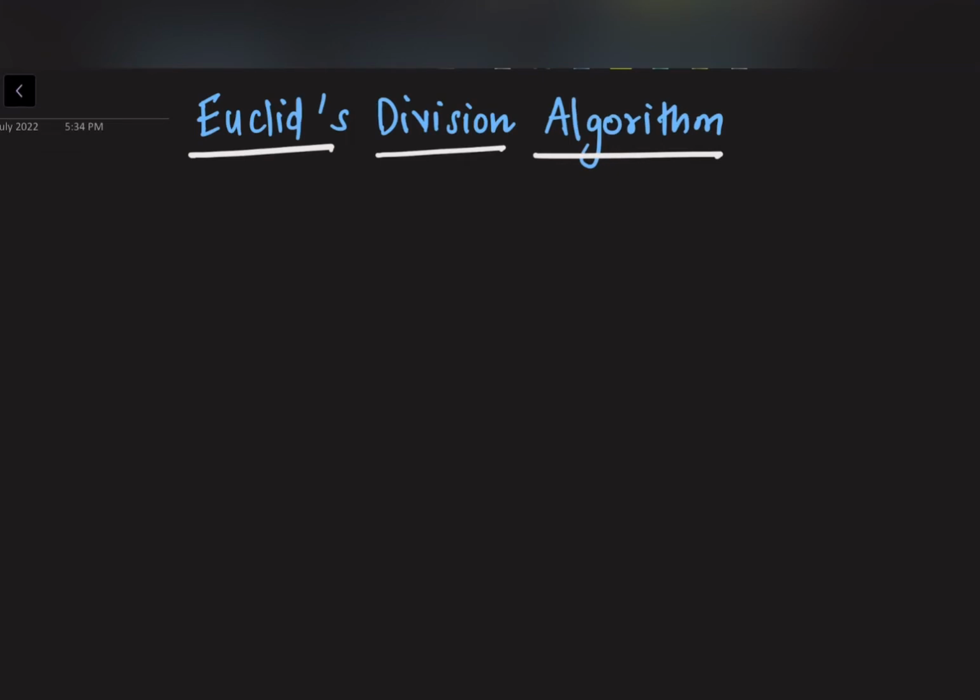Suppose you are given two positive integers, 15 and 30, say. Factorize these two. This is 3 into 5 and this is 2 into 3 into 5, right? So which is the highest common?